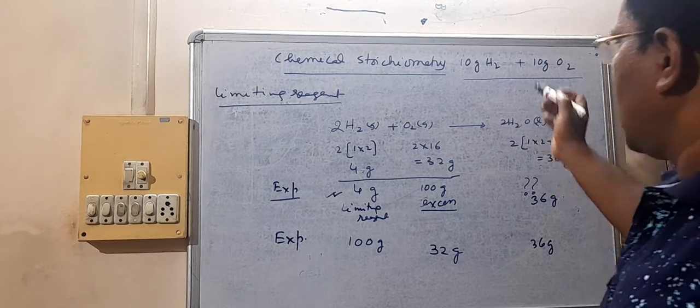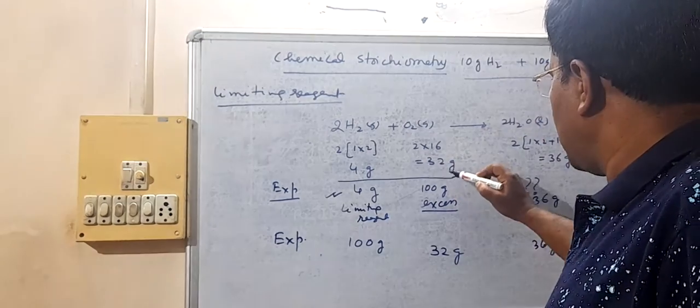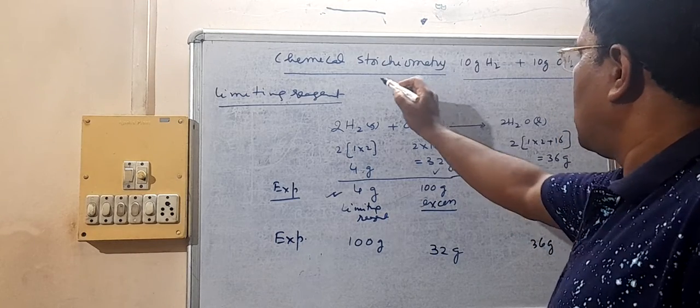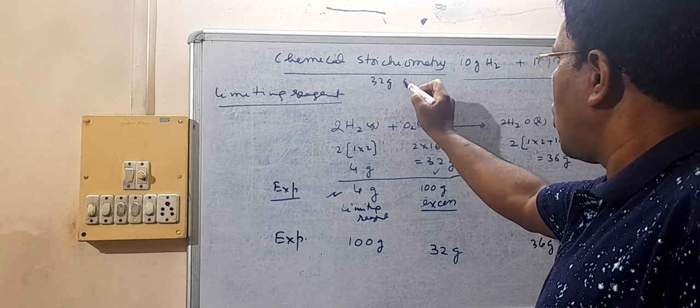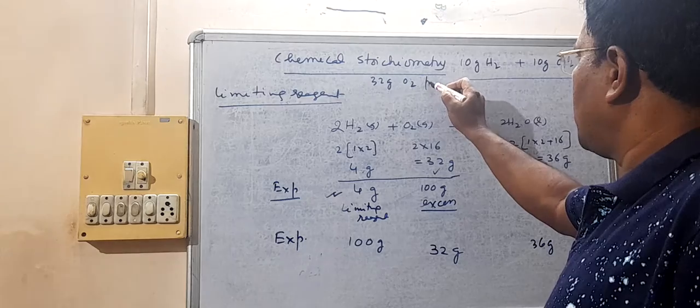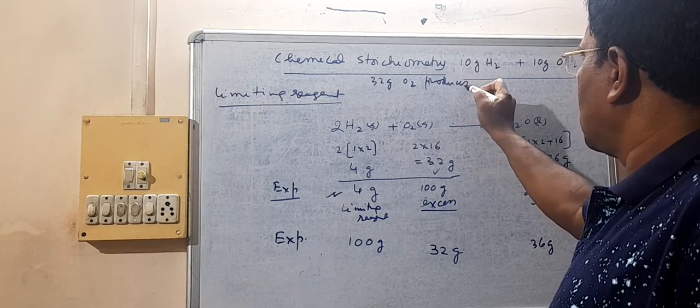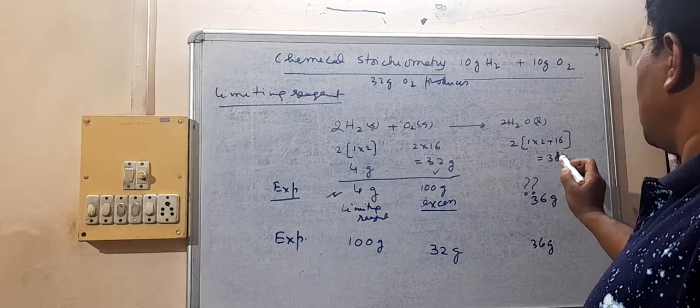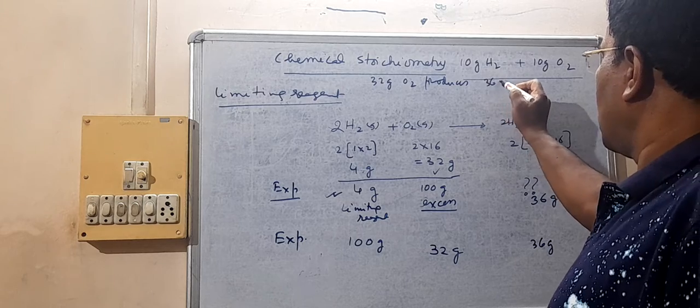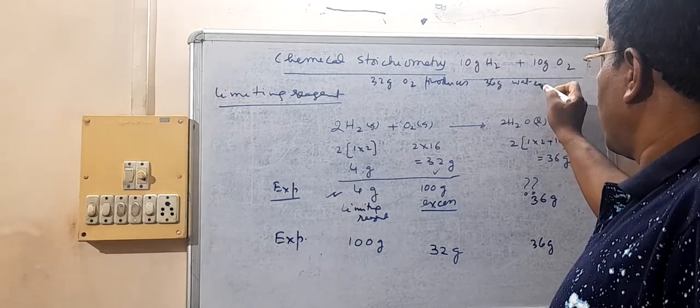So we can write here, keeping this in mind, 32 gram oxygen produces 36 gram water.